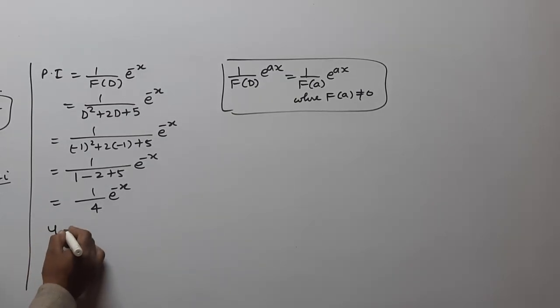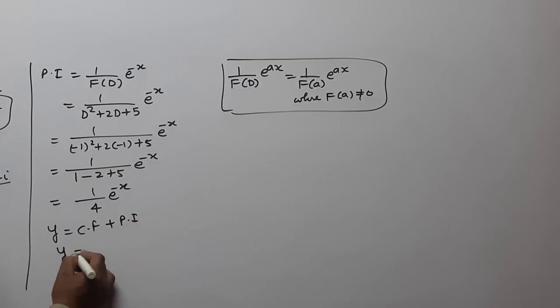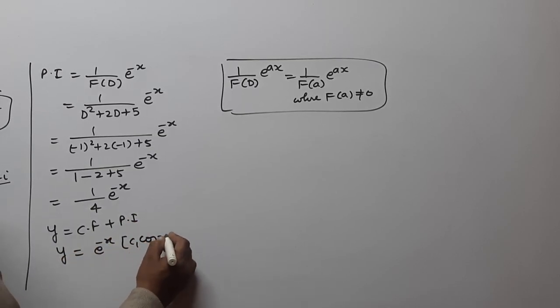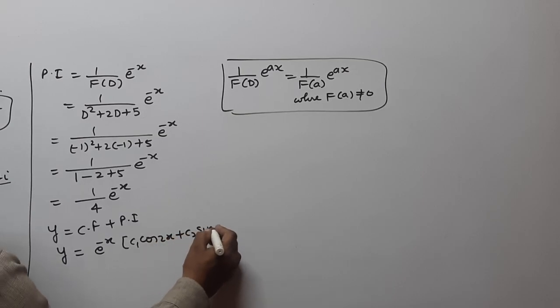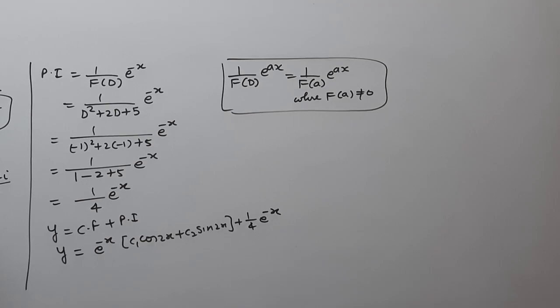Now we find y is equal to CF plus PI. So y is equal to e to the power -x (c1 cos 2x + c2 sin 2x) plus 1 upon 4 e to the power -x.